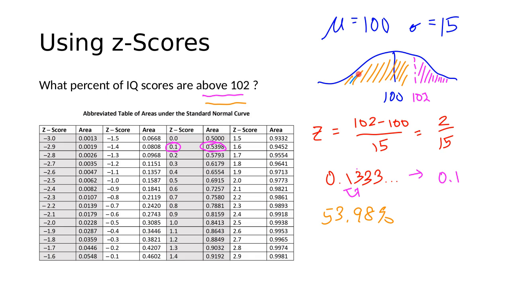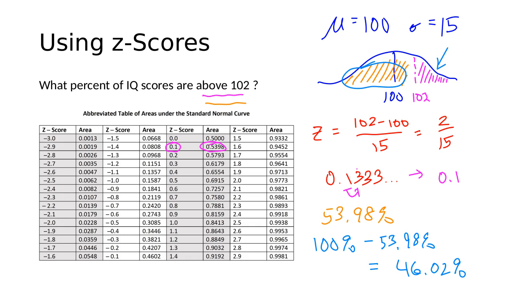Well, all of the data under here would be 100% of it. And if I have 100% of it and I subtract off the part that's to the left, then what remains is the part that's on the right. And that's exactly what we're going to do here. So we're going to say that 100% of the data minus the percent of the data that's to the left will give me the percent of the data that's to the right of a score of 102.